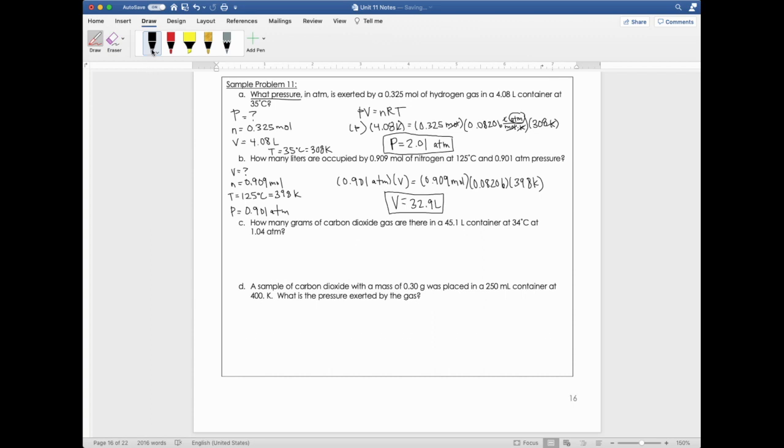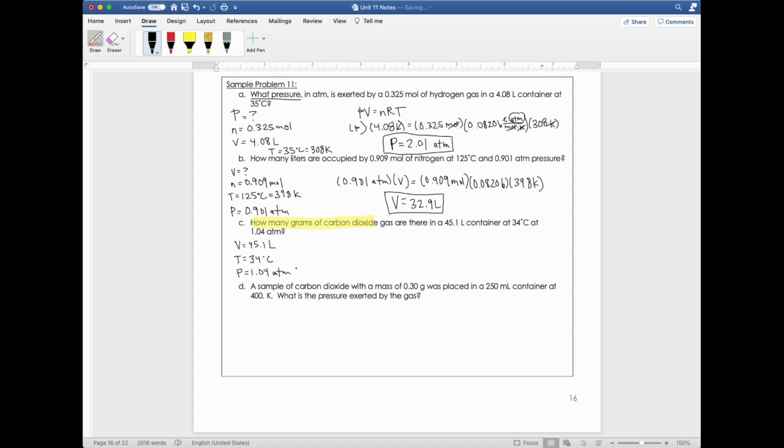Let's try C, so a little bit different. How many grams of carbon dioxide, so how many grams of CO2 are there, in a 45.1 liter container at 34 degrees Celsius and 1.04 ATM.